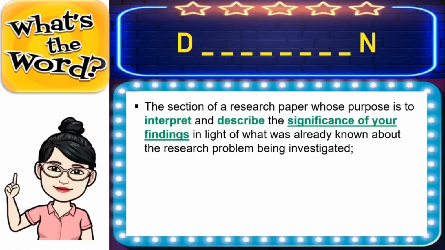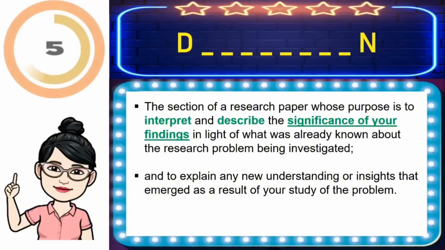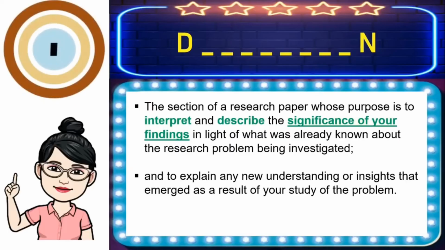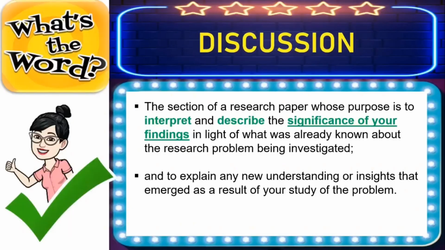The section of a research paper whose purpose is to interpret and describe the significance of your findings in light of what was already known about the research problem being investigated, and to explain any new understanding or insights that emerged as a result of your study of the problem. That is discussion.